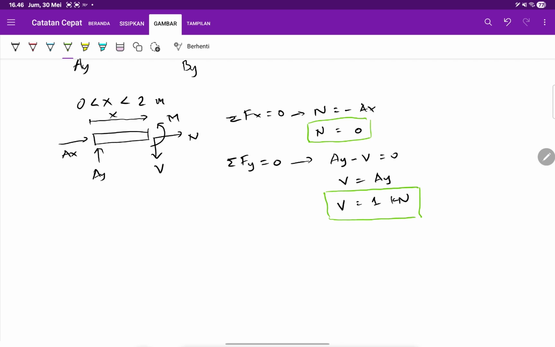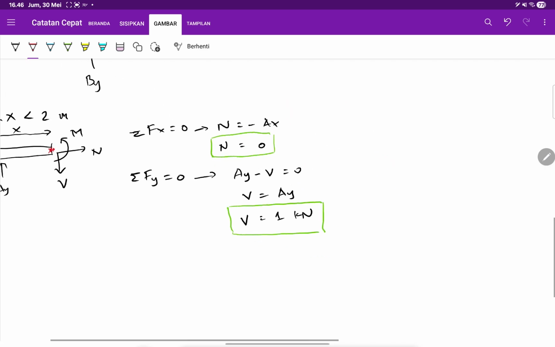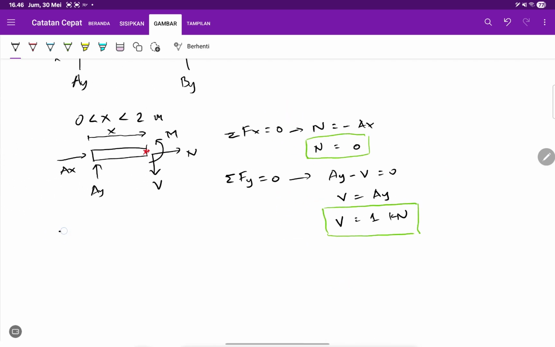And then for the moment, let's evaluate at the sectioning point, here. So sigma moment equals 0. This AY with respect to this distance will create a clockwise moment.